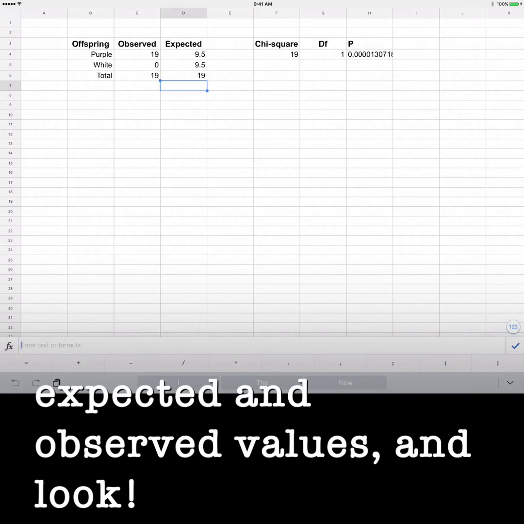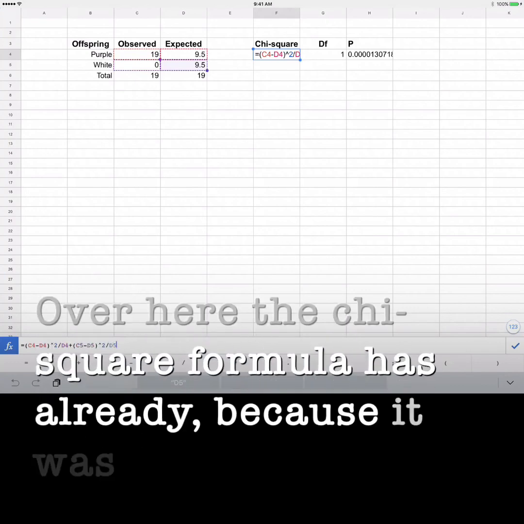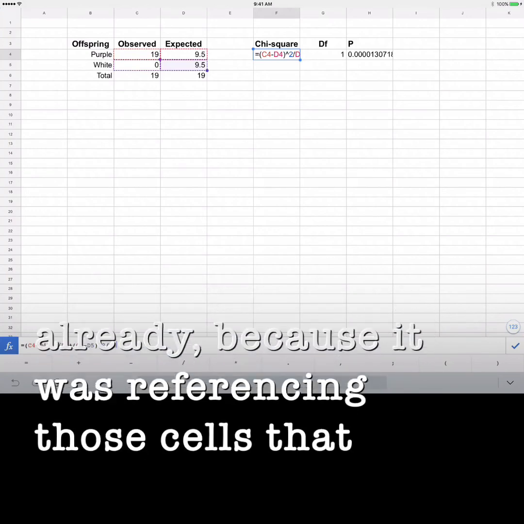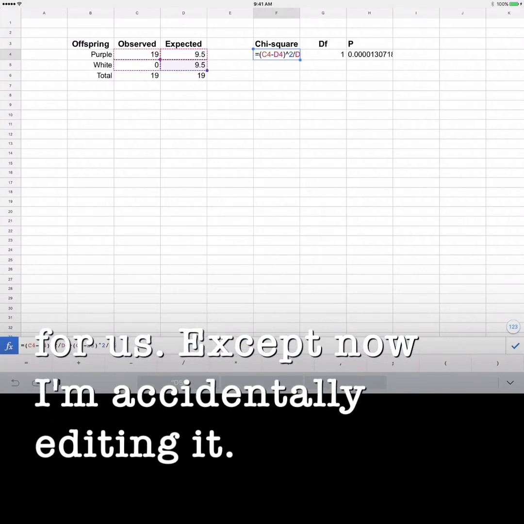So now we've got our expected and observed values, and look, over here, the chi-square formula has already, because it was referencing those cells that we just changed, updated the formula for us.